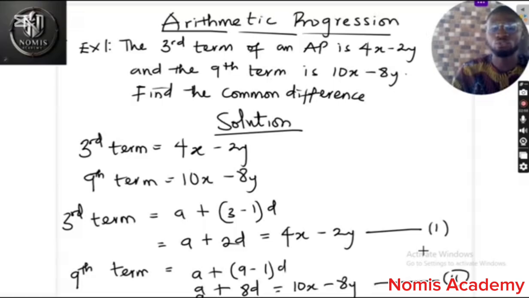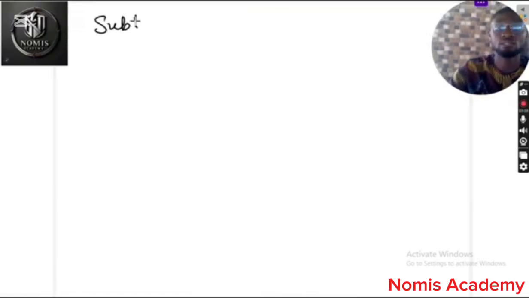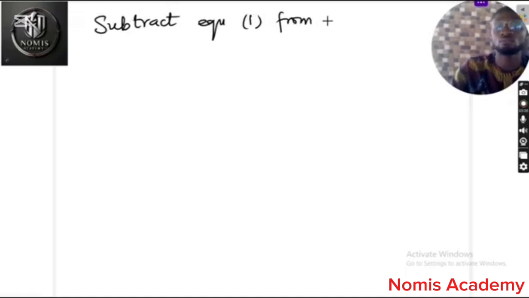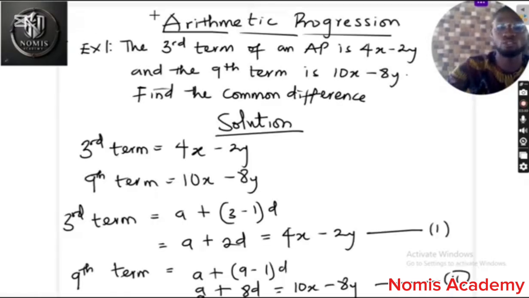So what do we do? We have d, we have a. We can eliminate this a. So let us subtract equation 1 from equation 2. Let me write that. For the sake of clarity, let's write equation 2 first.